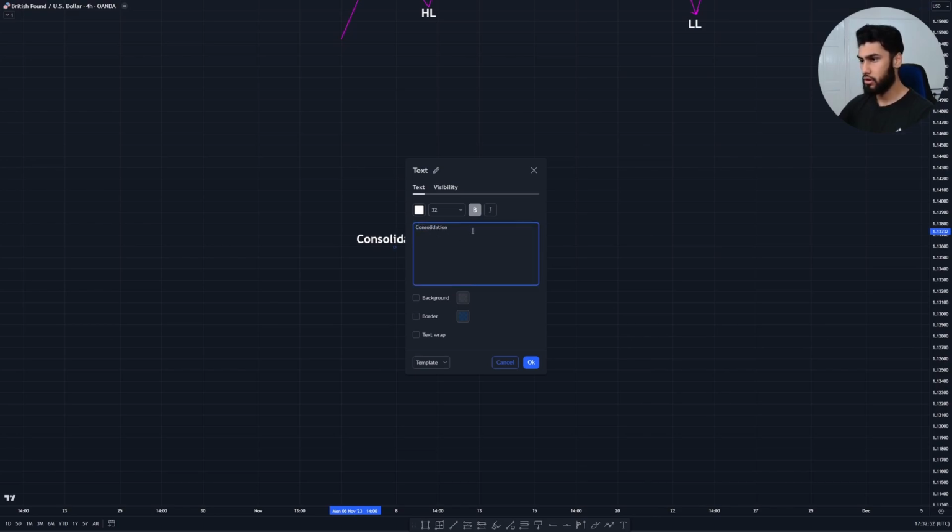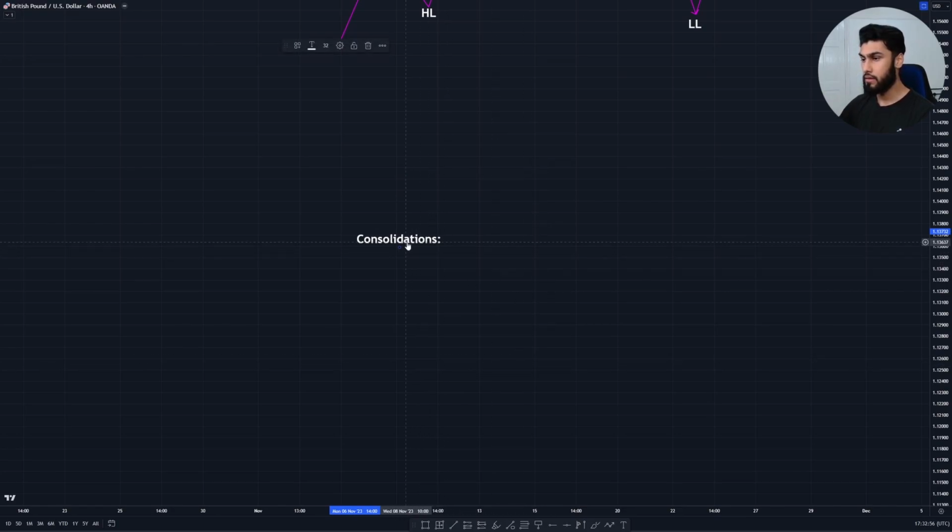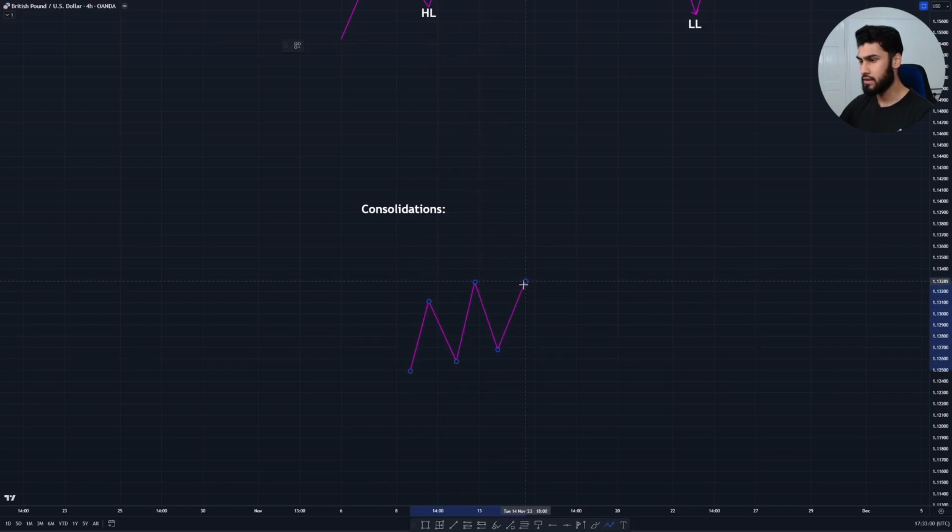So now let's talk about consolidations. People usually just say, oh, a consolidation is when the market is just ranging like this. Now, this is a general rule, but we need to be a bit more specific on what exactly a consolidation is. A consolidation can usually occur after an uptrend once the price wants to rest.